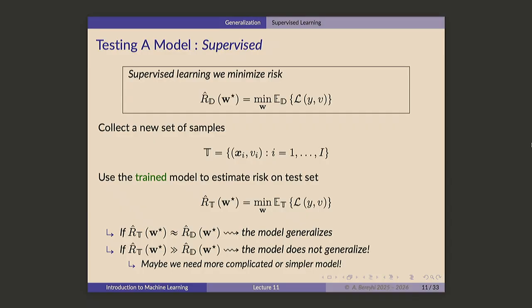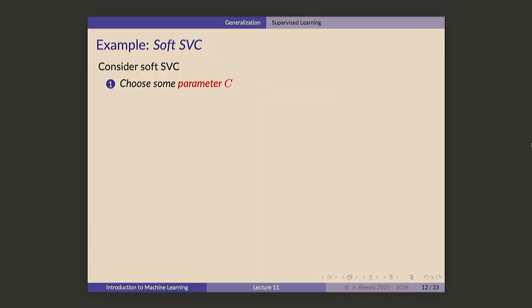I showed you here the parameter C in the soft SVC, but is there any other parameter that you might think of right now? But weights are not hyperparameters. That is the parameter of your model, right? Anything we had in the course? Yeah, go ahead. Like the polynomial degree. Exactly, right?